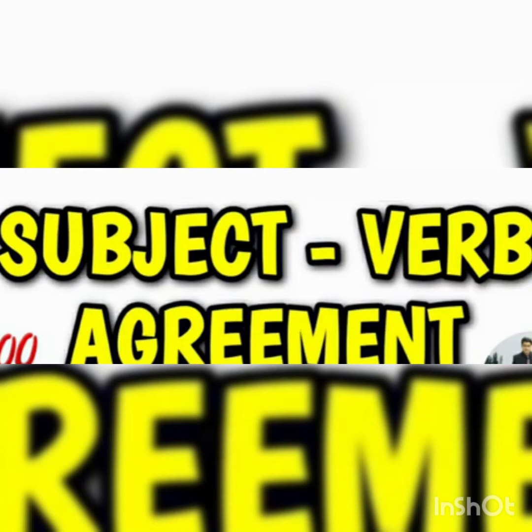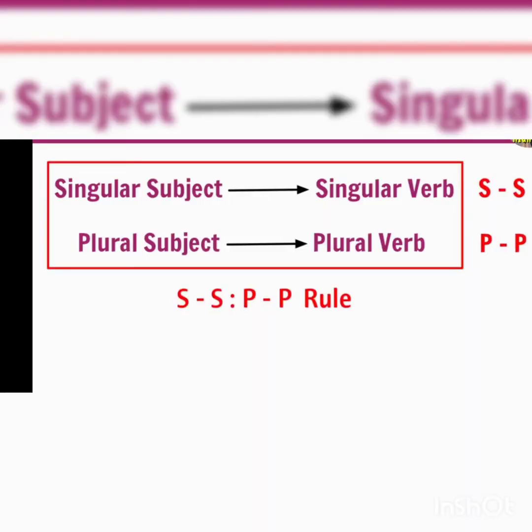Okay, dear students, just to make it easier for you, you can see here on the screen. The agreement is like this: singular subject will take singular verbs and plural subjects will take plural verbs. And this is also known as the SSPP rule.